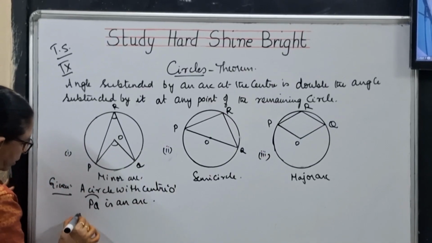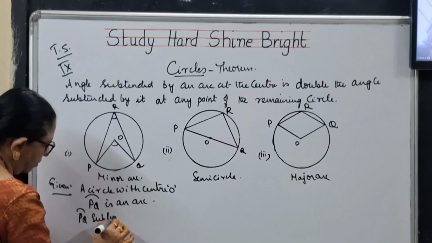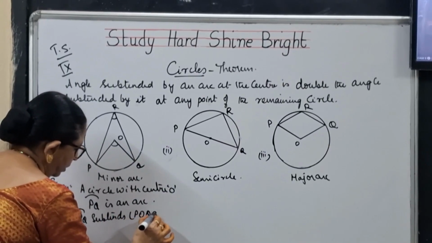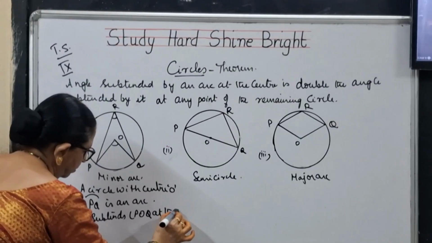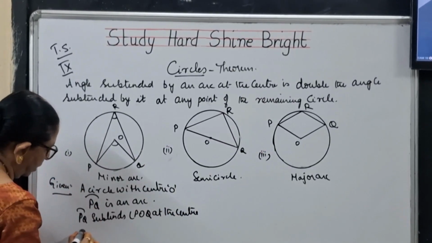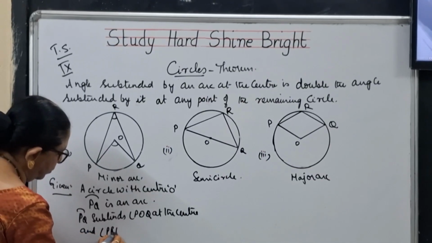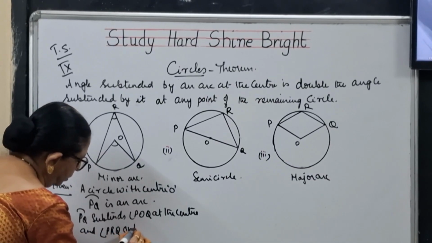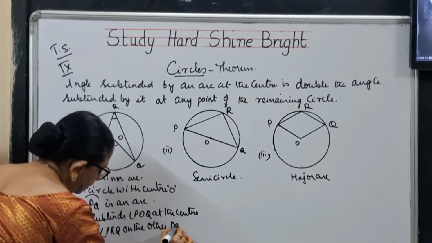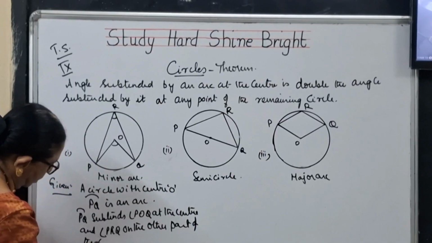PQ subtends angle POQ at the center, and angle PRQ on the other part of the circle.